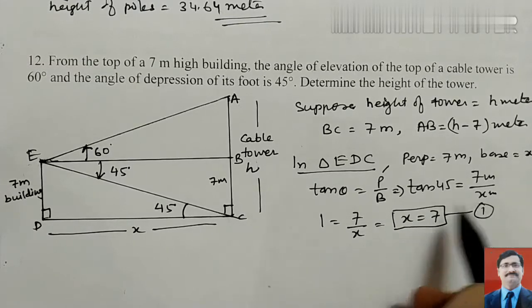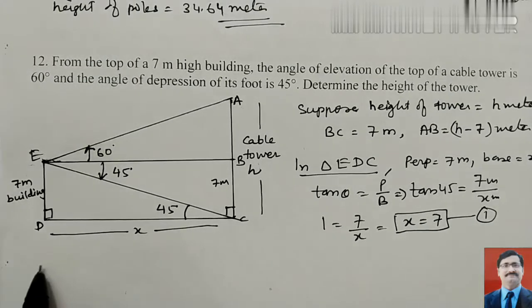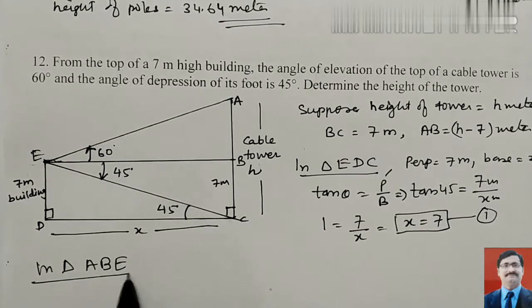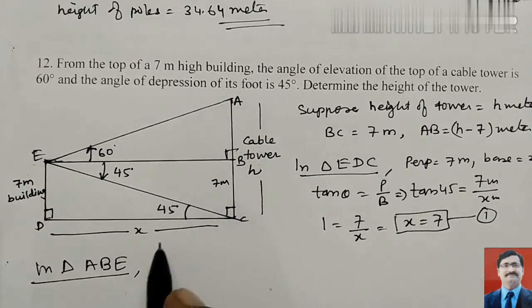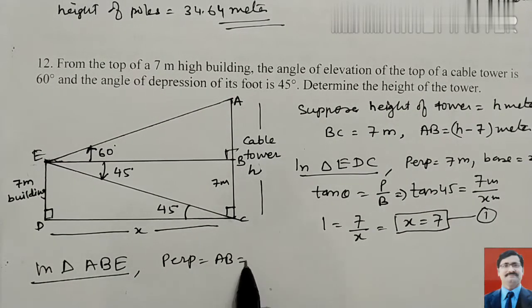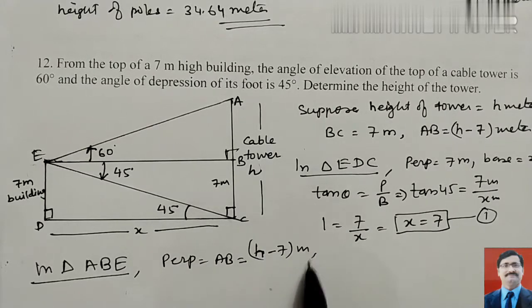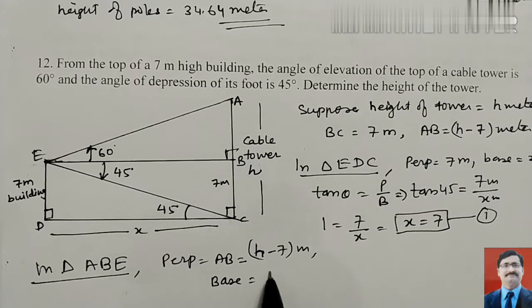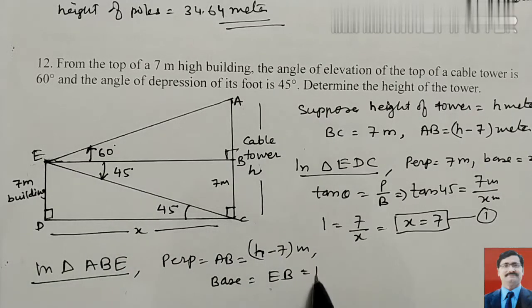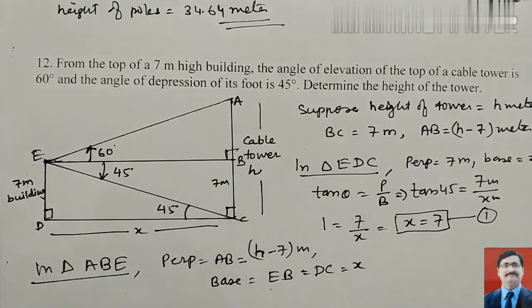Call this equation 1. Now we take triangle ABE. Here this angle B is 90 degrees. Perpendicular is AB, and AB we already found as h minus 7 meter, and the base is EB, and EB is equal to DC, which is equal to x.